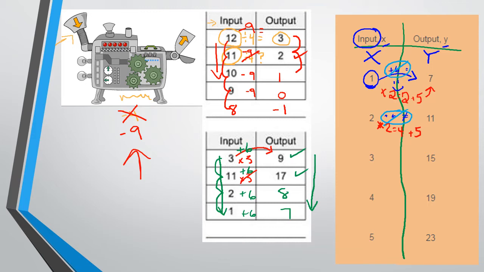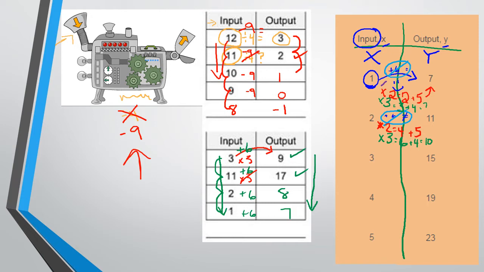Maybe they multiplied by 3. Times 3 would be 3, plus 4 would be 7. So times 3, 2 times 3 is 6, add 4 is 10. Nope.